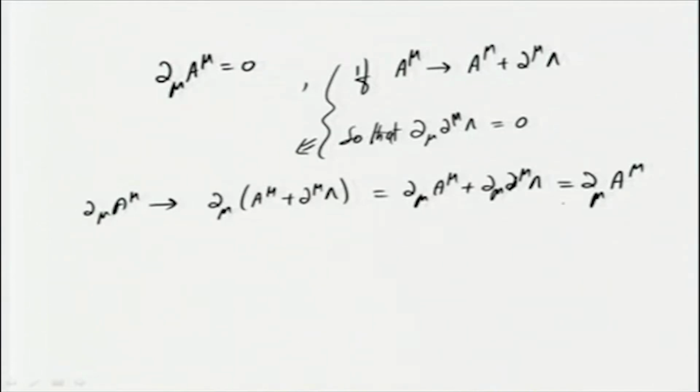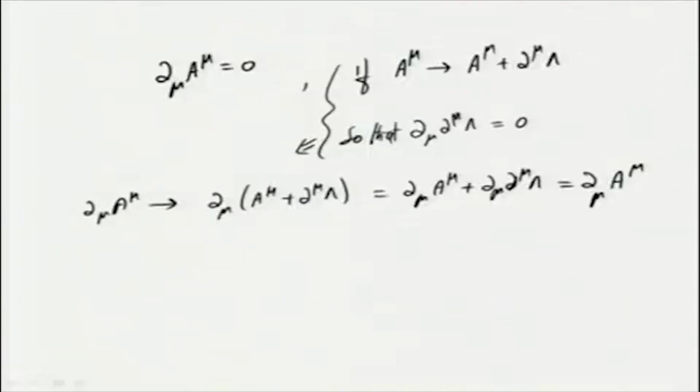So, we can fix this in this fashion. After fixing A mu so that the 4 divergence is equal to 0, there is still some arbitrariness in that, and that arbitrariness is that we can again add a dou mu lambda, so that dou mu dou mu of lambda is equal to 0 without changing the electric and magnetic fields.